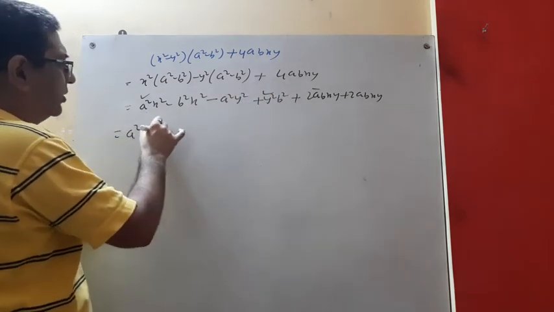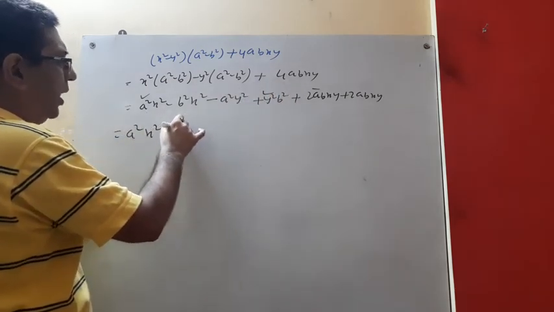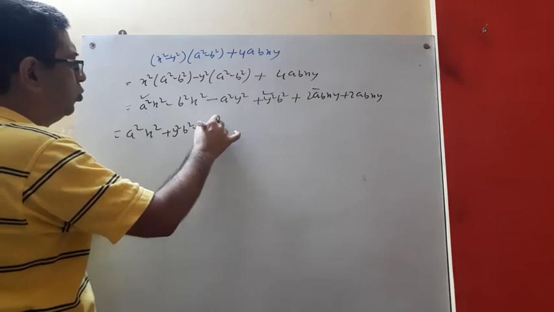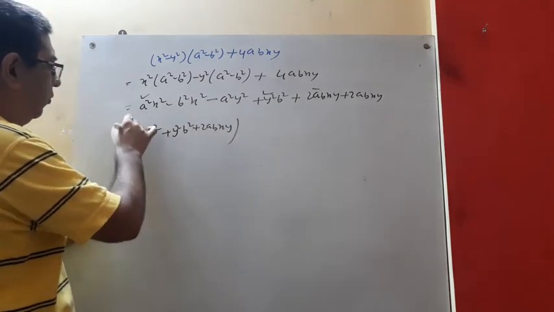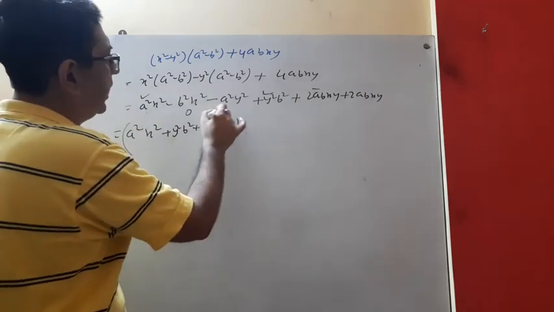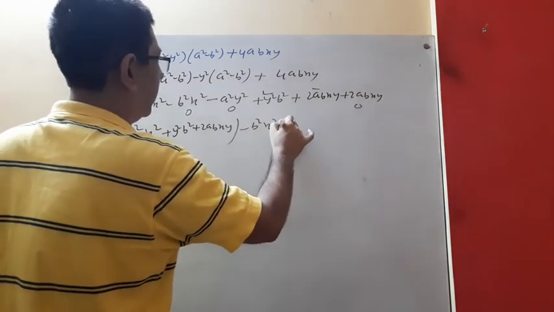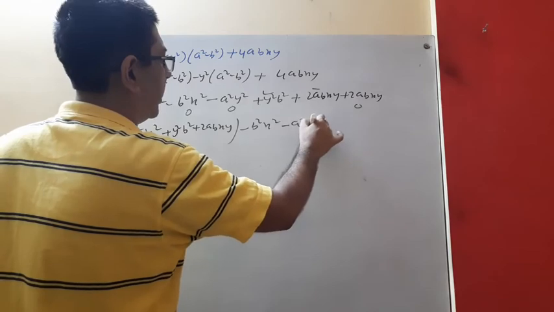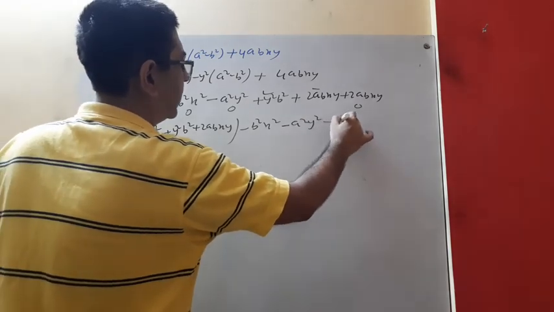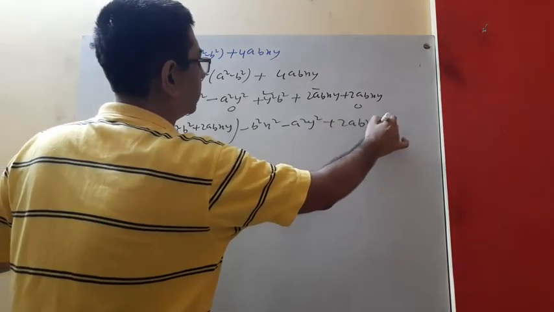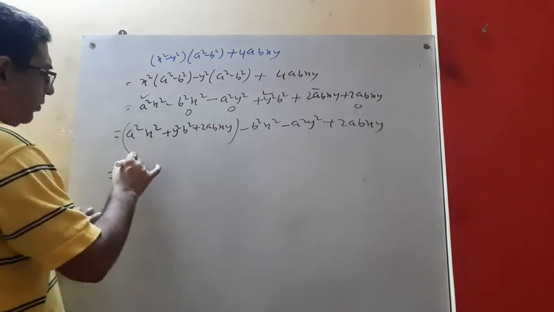A square x square plus y square b square plus 2abxy. Right? Now this one left, and this one left. Minus b square x square minus a square y square plus 2abxy. So what are we getting?